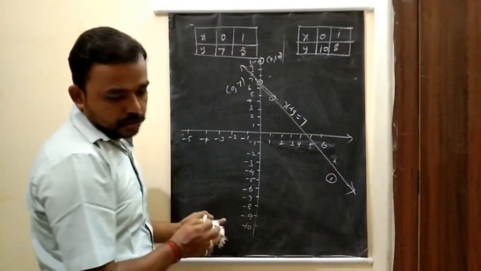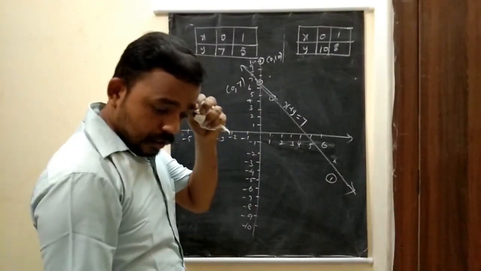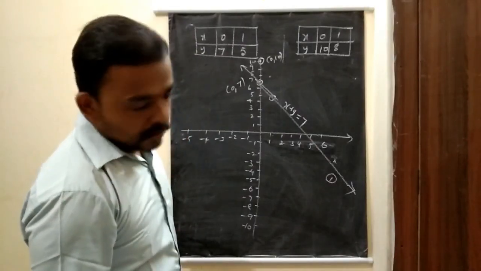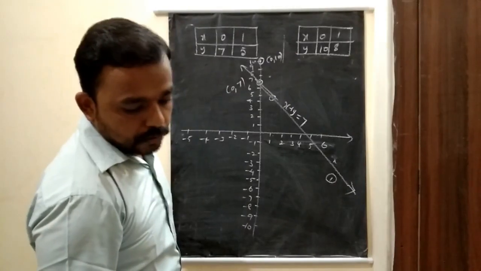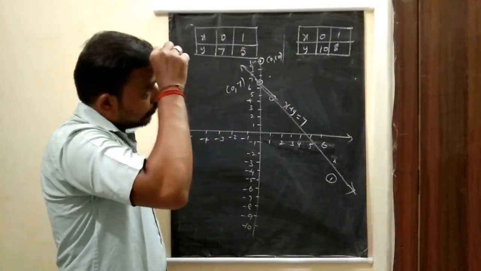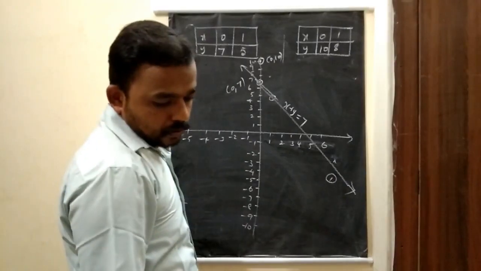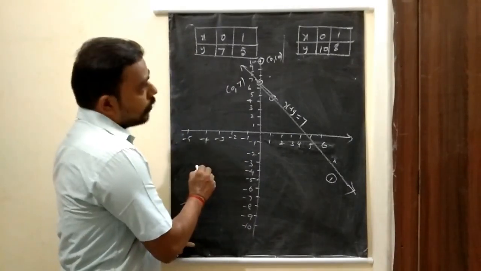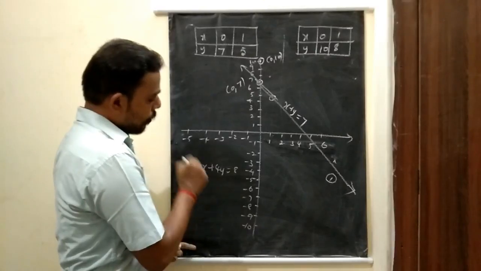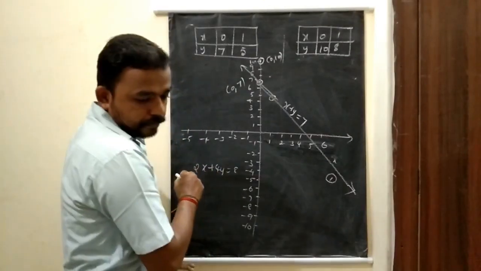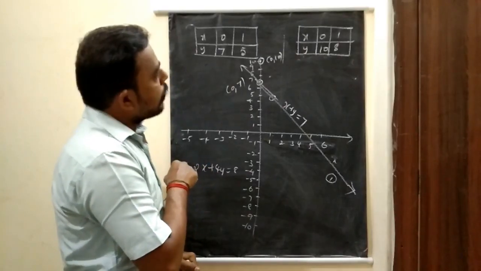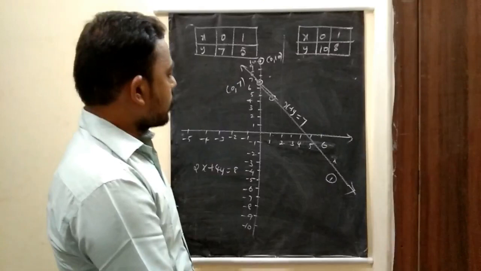So that is actually our problem. Zero comma 7, 1 comma 5, no problem.